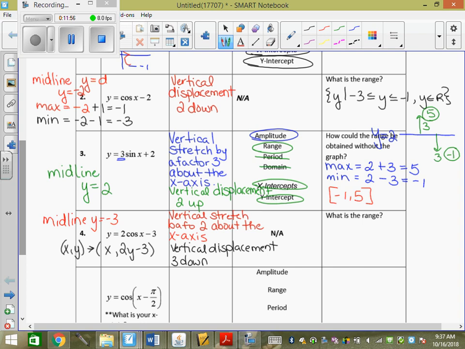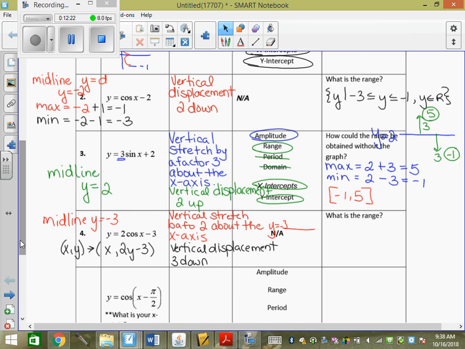And what graph would we apply our mapping to in order to get this correct? What would the basic function be? Y equals cos x, yep. And what would the range be? Well, we have a midline at y equals negative 3.